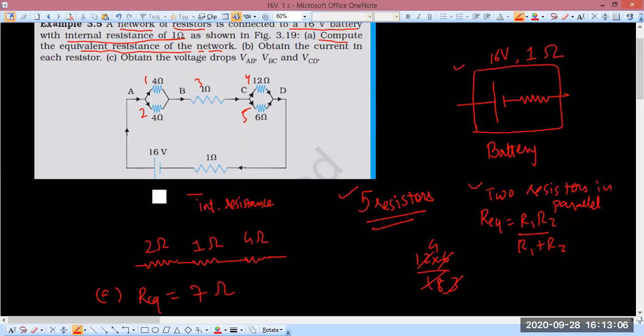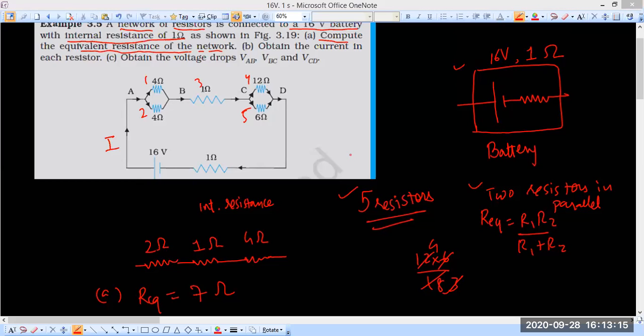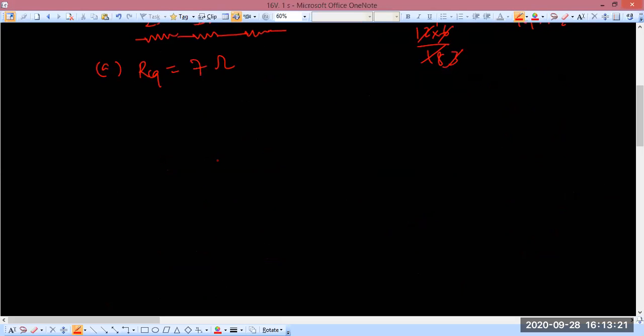First of all, we can find the total current. Total current means the one flowing here. I hope all of you realize that when this current I comes here, if I draw that part again, this is the current I coming in. Over here there is a 4 ohm resistor, and over here there is a 4 ohm resistor, correct?